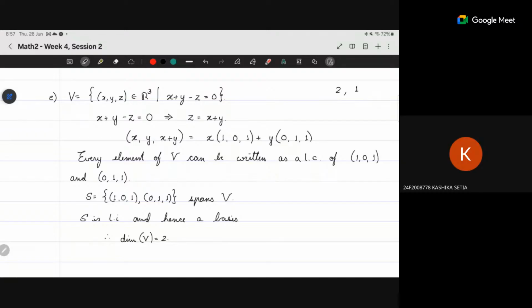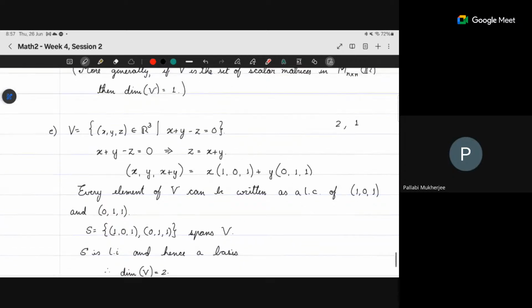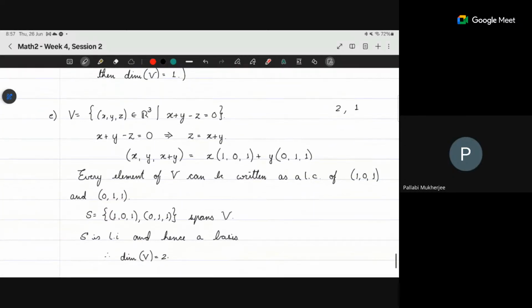And if you want to understand what actually dimension is, you don't need to raise your hand. You can just speak up if you have a doubt. Can you just explain one more time, sir, this last calculation? Yeah, so I took a random element x, y, z in the vector space.